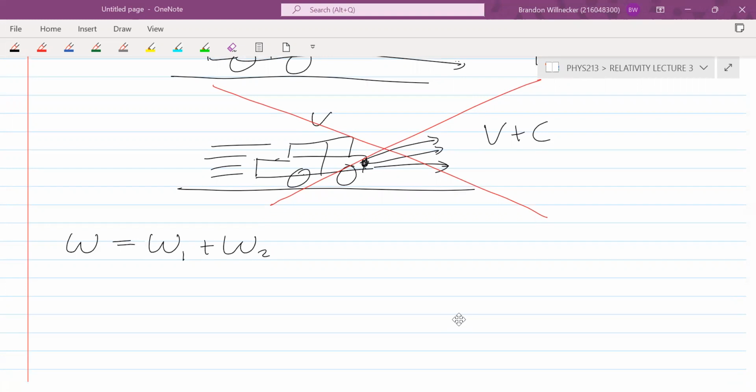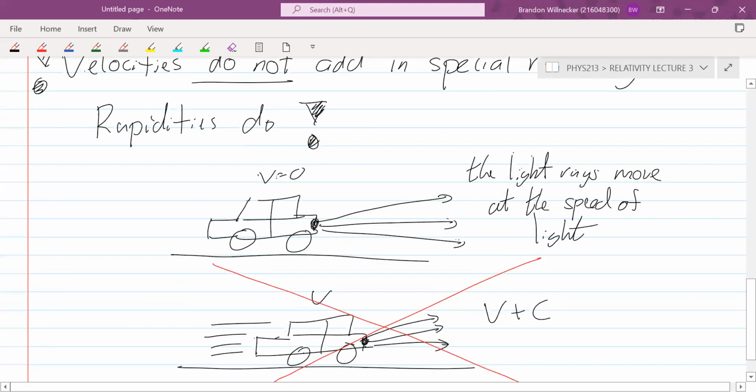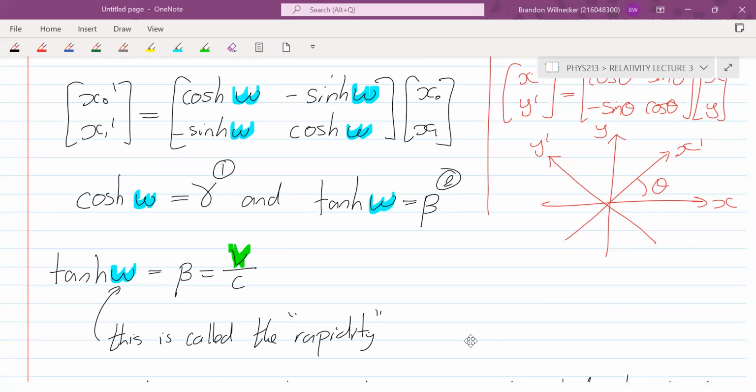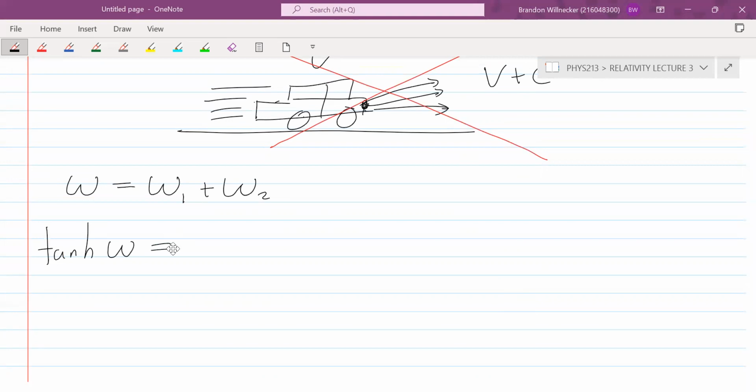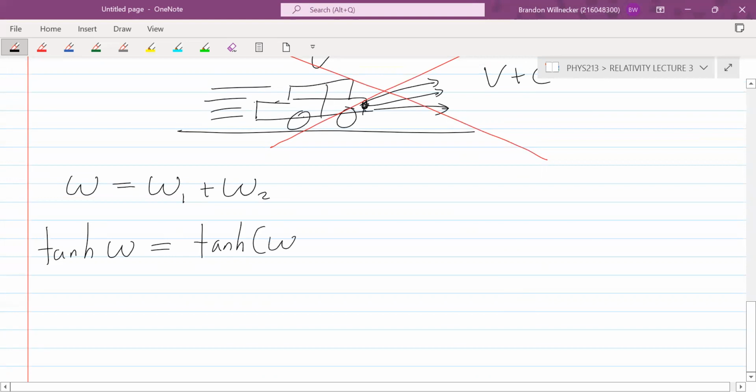If we want to go back to the velocity picture, okay, like it has in your notes, we need to go from rapidities back to velocities. Well, that's easy to do. We've got this conversion formula here using hyperbolic tangents. So let's do that. So if we take the hyperbolic tangent on both sides, we get the hyperbolic tangent of omega, that is the final velocity, because omega is the final rapidity, is equal to the hyperbolic tangent of omega-1 plus omega-2.